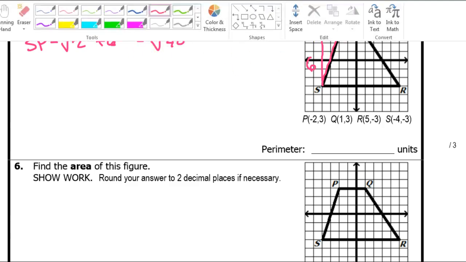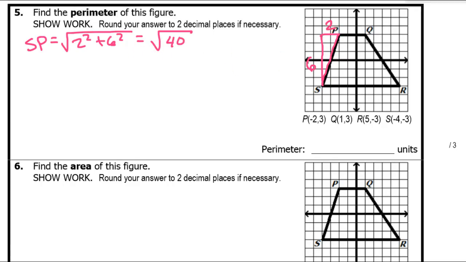All right, and then working my way around clockwise, this horizontal piece comes next. We've got PQ. Because it's horizontal, I can just count, and I can see that that's going to be 3. Next I'm going to do QR. I'll make the triangle out of that. So the right triangle would be like this.